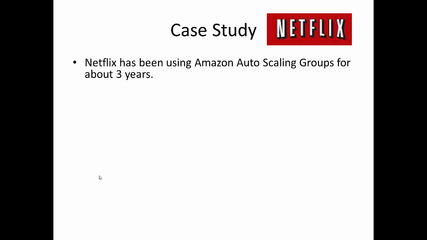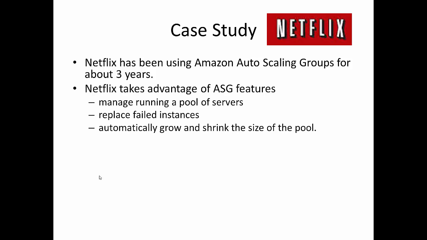Now that we've talked about all of these services that Amazon provides, let's look at a case study. We'll explore Netflix. Obviously, Netflix is a very popular media streaming service in North America, and they've been using Amazon autoscaling groups for about 3 years. They take advantage of multiple ASG features.